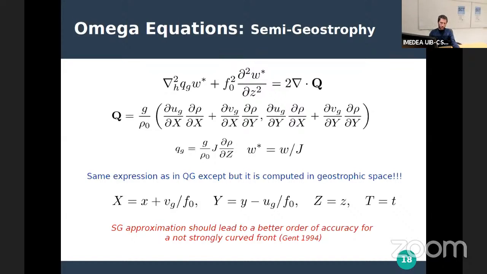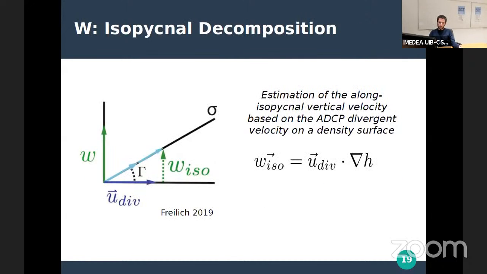And then this equation should be a little bit better than the quasi-geostrophy one for areas where the Rossby number is closer to 1, and in particular, according to this article, should be better in a not strongly curved front like the one that we have been sampling.